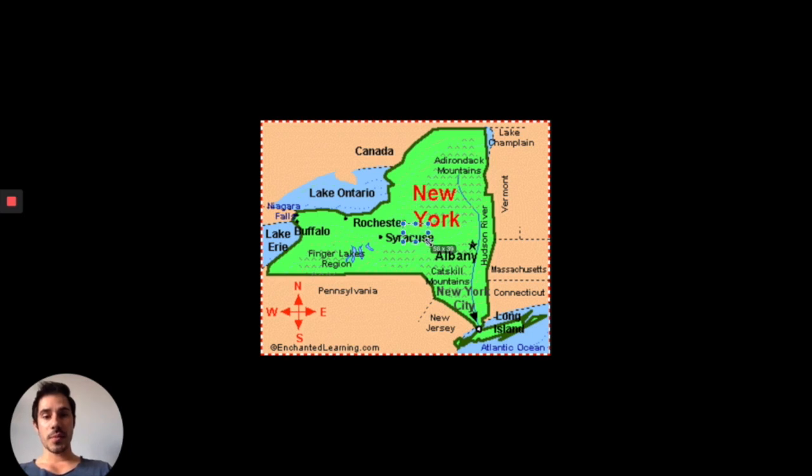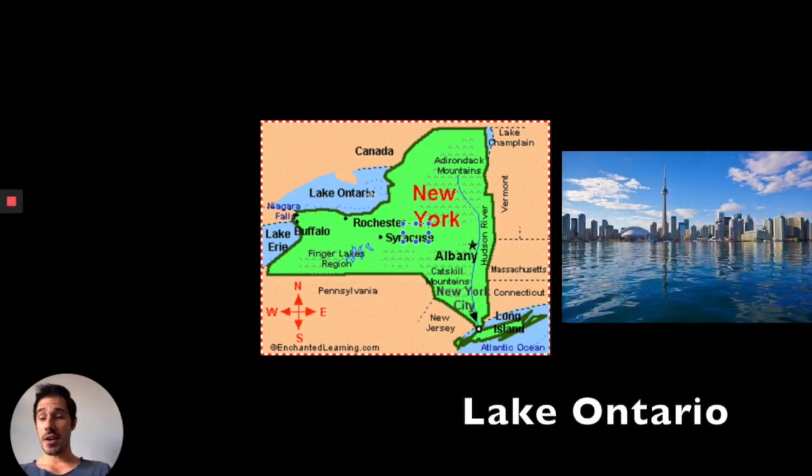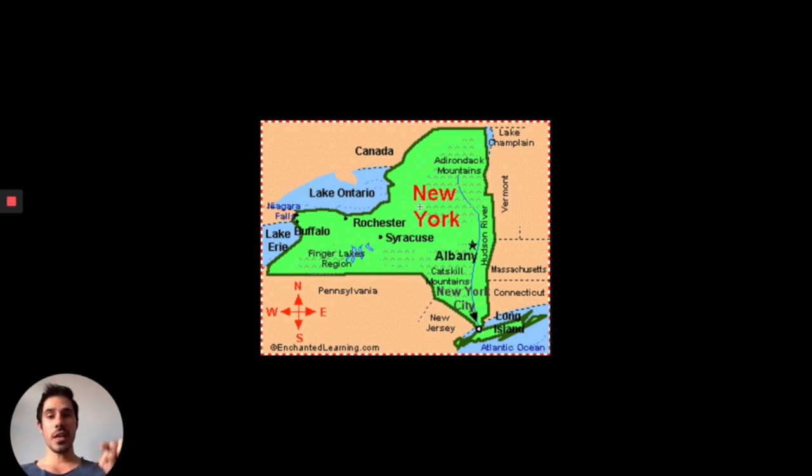And of course, if we kept our box here too, if we went northwest, so that's not just north and not just west, but in the middle, then we would hit Lake Ontario. So those are our neighbors all around our state. Whoa, did you know New York had so many neighbors?